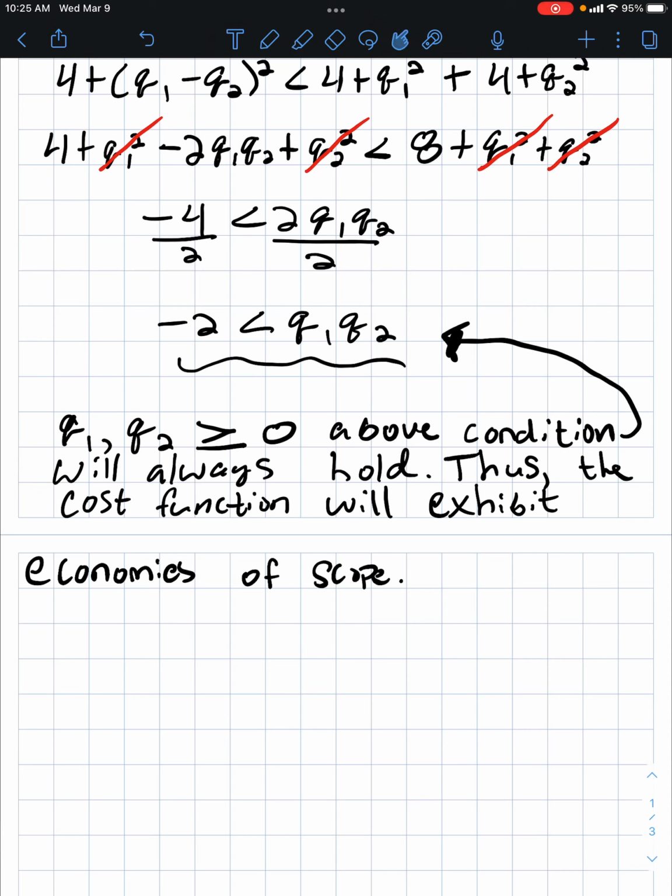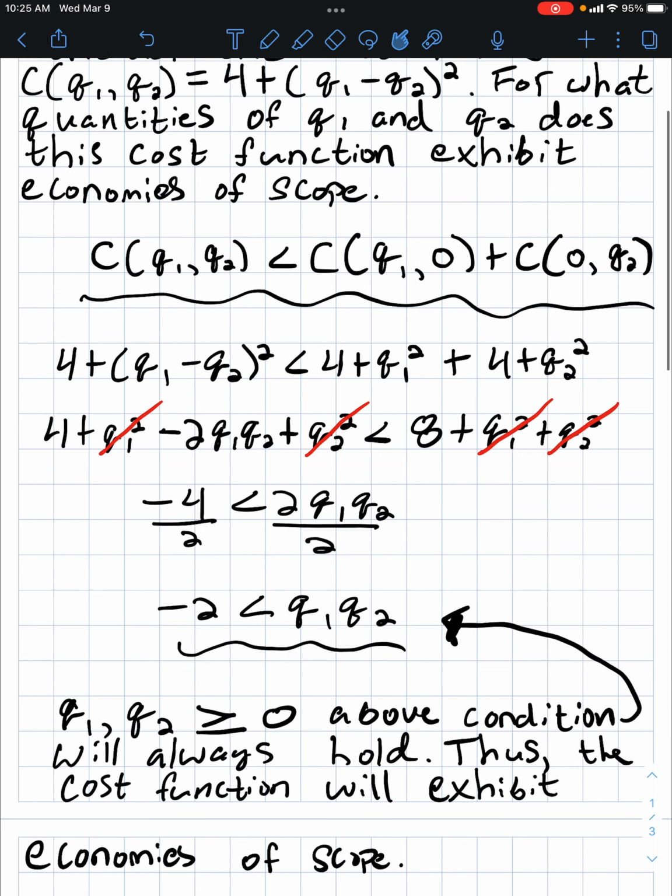So you will always have quantities that are greater than or equal to 0, so therefore the above condition will always hold, no matter what. And you can see if you plug in 0, let's say the quantities were 0, into the starting condition right here, you will always see that 4 will always be less than 8.